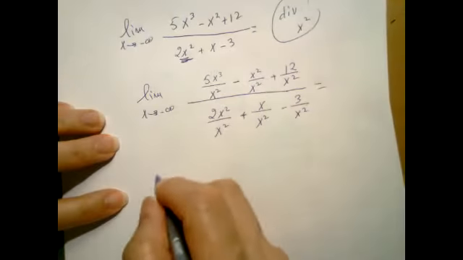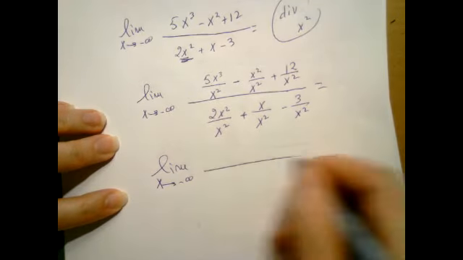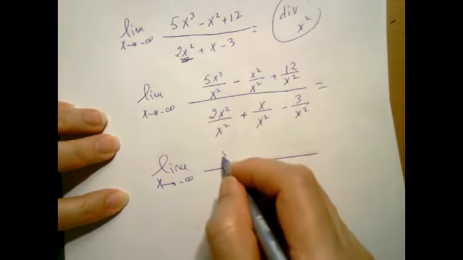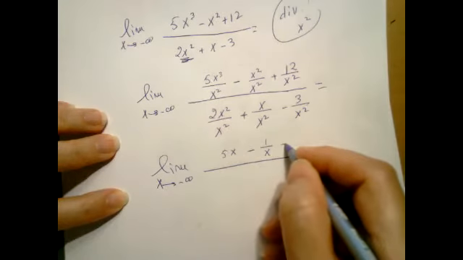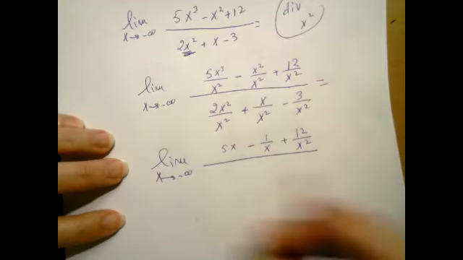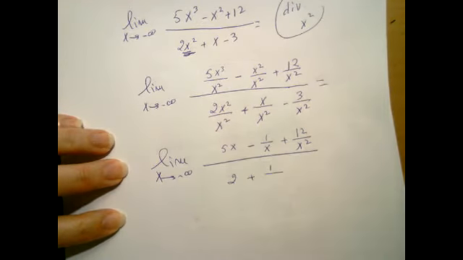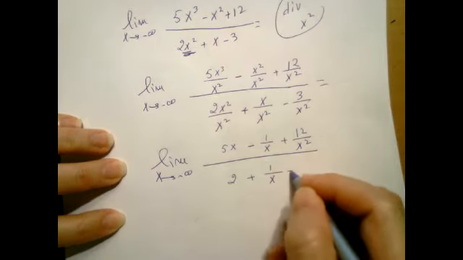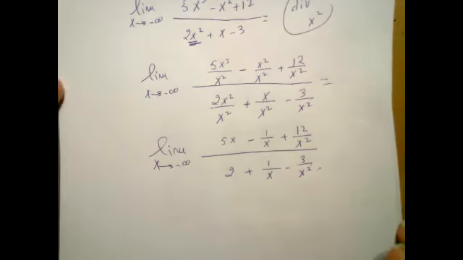So now there will be no confusion at all. The numerator will give me a 5x. This will give me 1 over x. This will give me 12 over x squared. The denominator will give me a 2 plus 1 over x minus 3 over x squared. All right, now we're basically done.